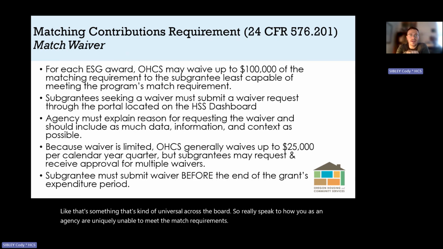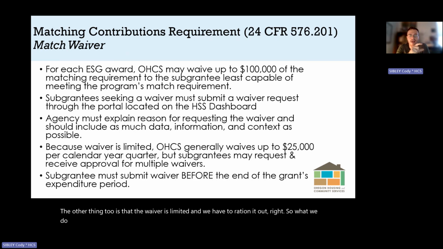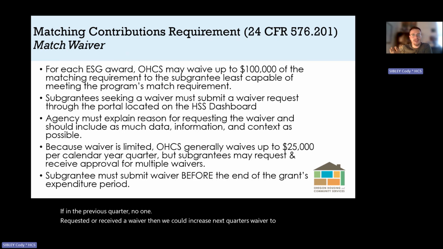The other thing too is that the waiver is limited and we have to ration it out, right? So what we do is we generally waive up to $25,000 per calendar year quarter. You can still request multiple waivers and receive approval for all of those waivers, but we try to limit it that much. If in the previous quarter, no one requested or received a waiver, then we could increase next quarter's waiver to like a 50,000 or something like that.